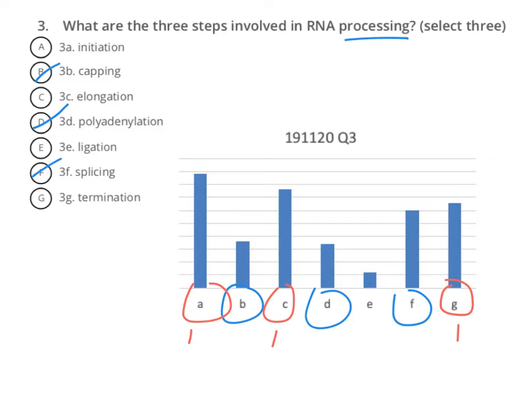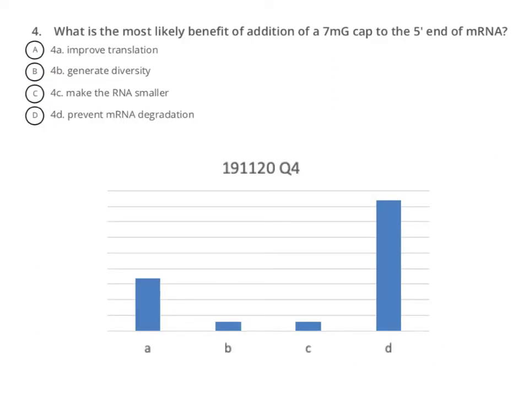Splicing happens in eukaryotes at the same time transcription is happening. But in here, capping, polyadenylation, and splicing are the processing. Benefit of adding the 7-methylguanosine cap, and I'll talk about the details of what that means in just a minute. So you're absolutely right, at least most of you were.